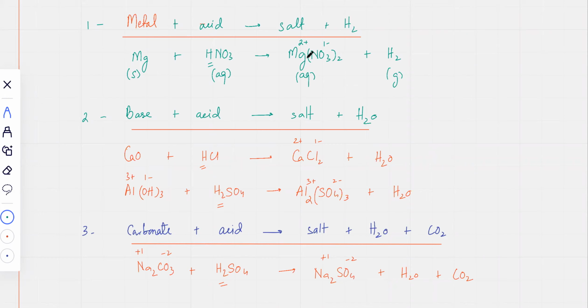Remember, on planet Earth, most reactions happen in water. Like all the reactions that are happening in the human body, I mean, we are, I think, 70% water. All the reactions that are happening in blood, in your cells, they're all happening in solutions. Most of the reactions on planet Earth happen in solutions. That's why we all need water, because all the reactions are taking place in water, in aqueous state. Not all, but most of them.